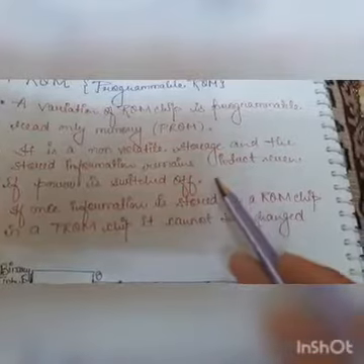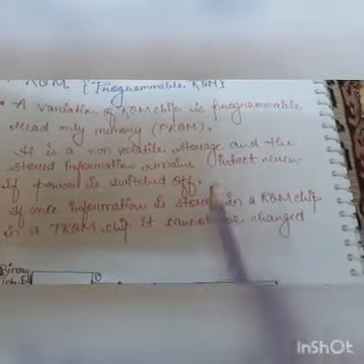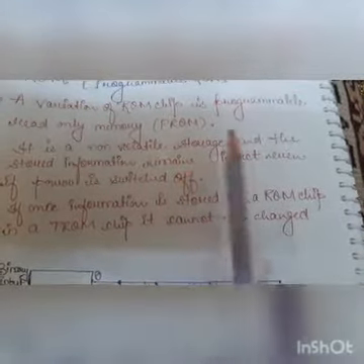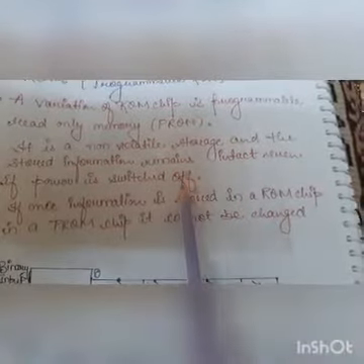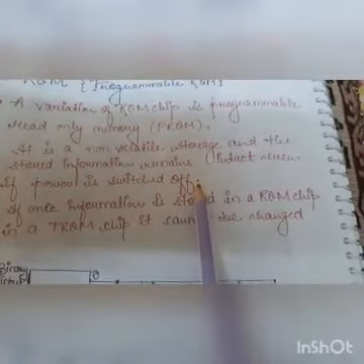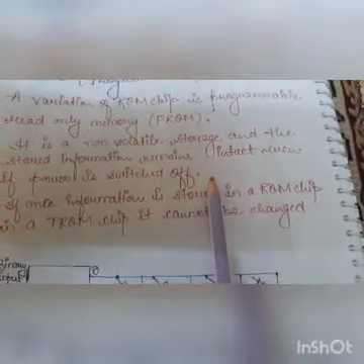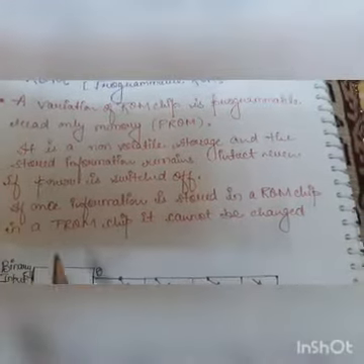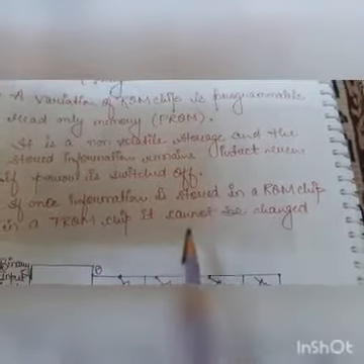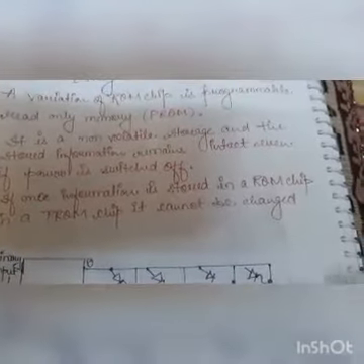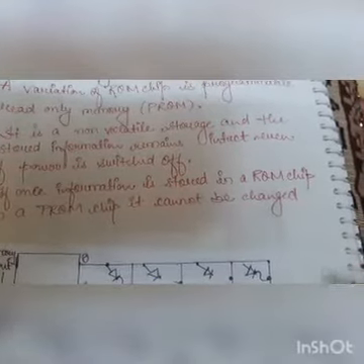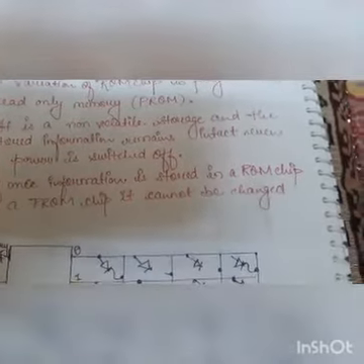As I told you earlier, the stored information remains when switched off. Once information is stored in a PROM chip, it cannot be changed. If we have stored information and then want to change it, we can't.